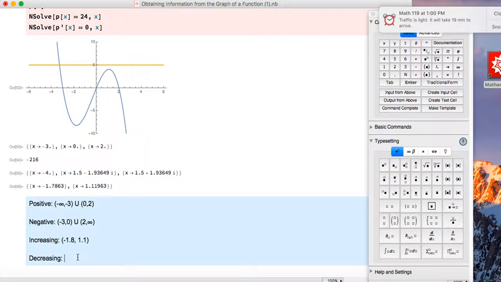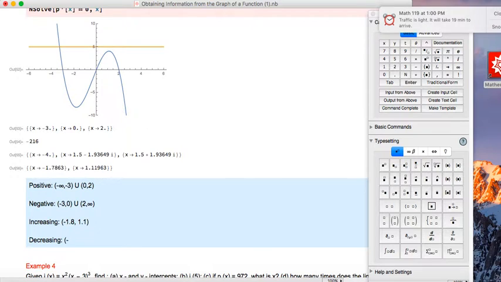And the decreasing is from negative infinity to -1.8, union the other one from 1.1 to positive infinity. Okay.